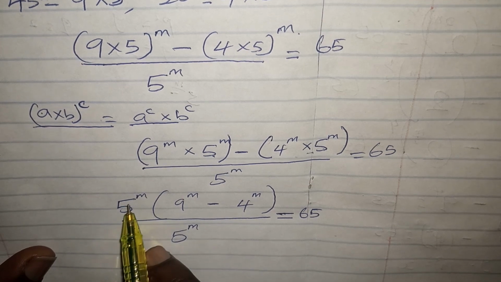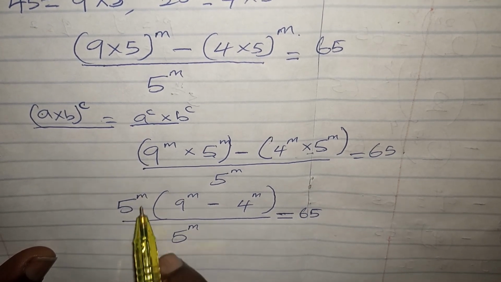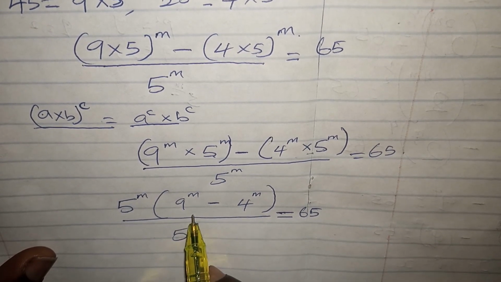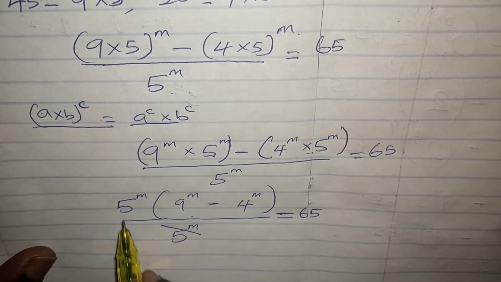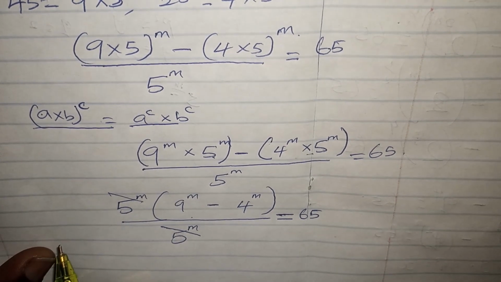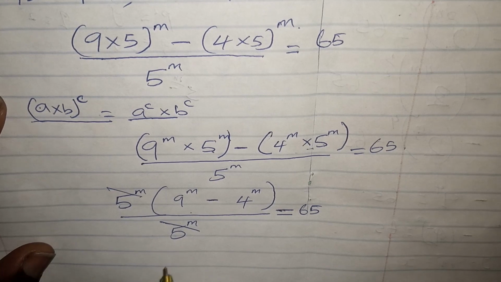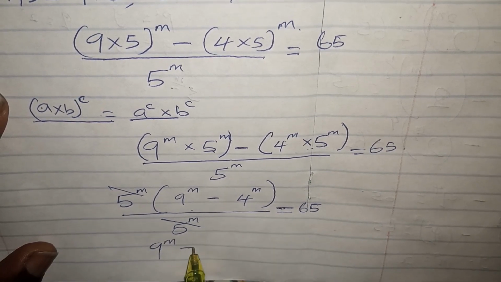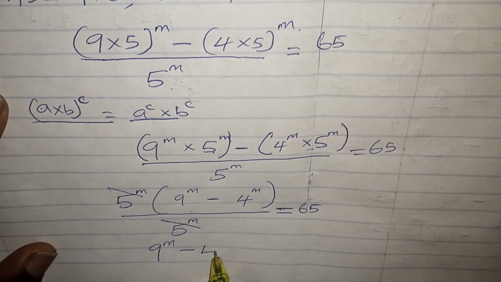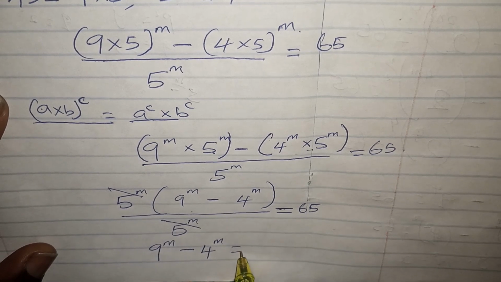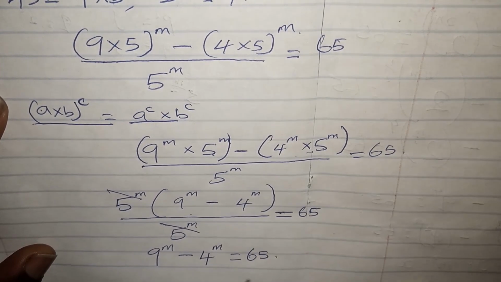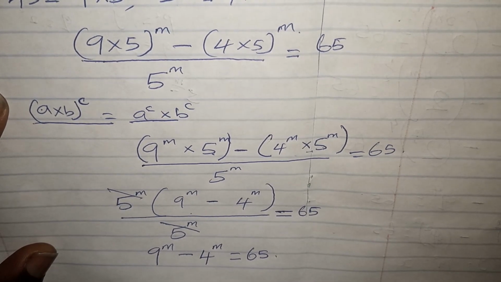You can see that we have 5 to the power of m at the numerator and 5 to the power of m at the denominator, so this and this go. We are left with 9 to the power of m minus 4 to the power of m equals 65. So this is what we now have.